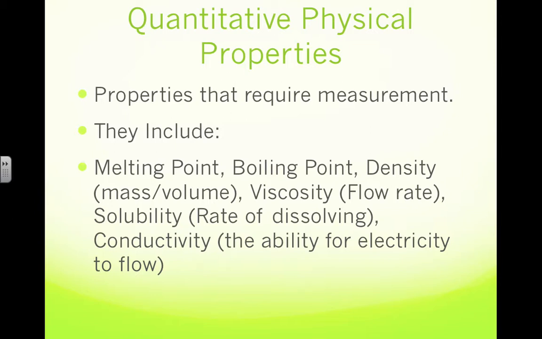Now let's discuss the other category of physical properties, quantitative physical properties. These are different from qualitative physical properties because they require a measurement of sorts. So we can measure these properties.